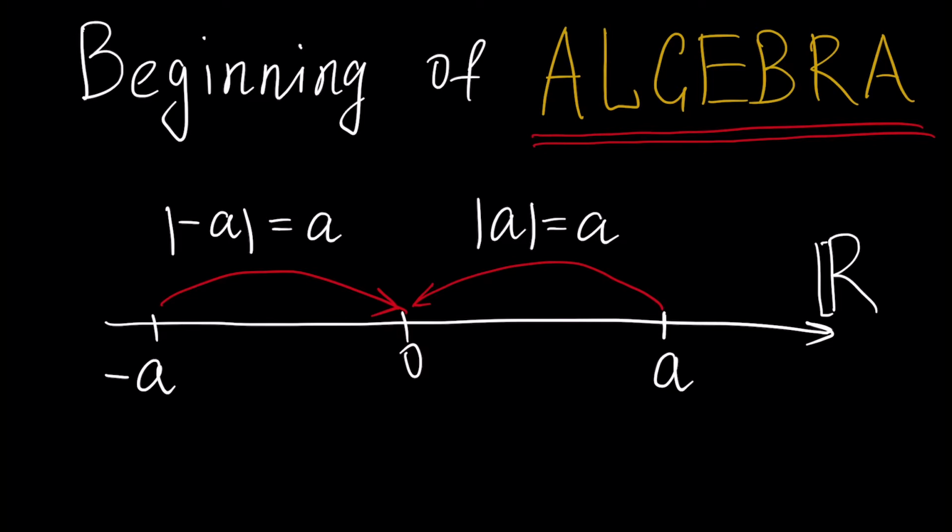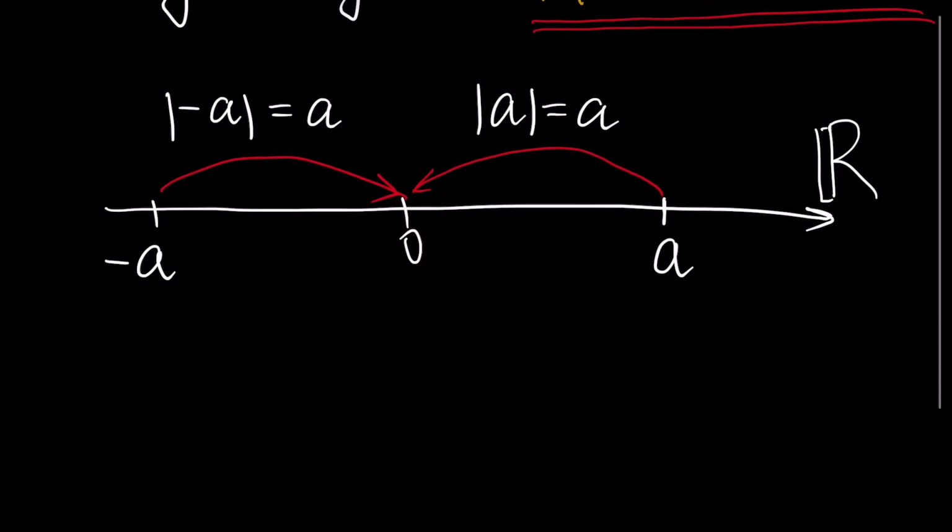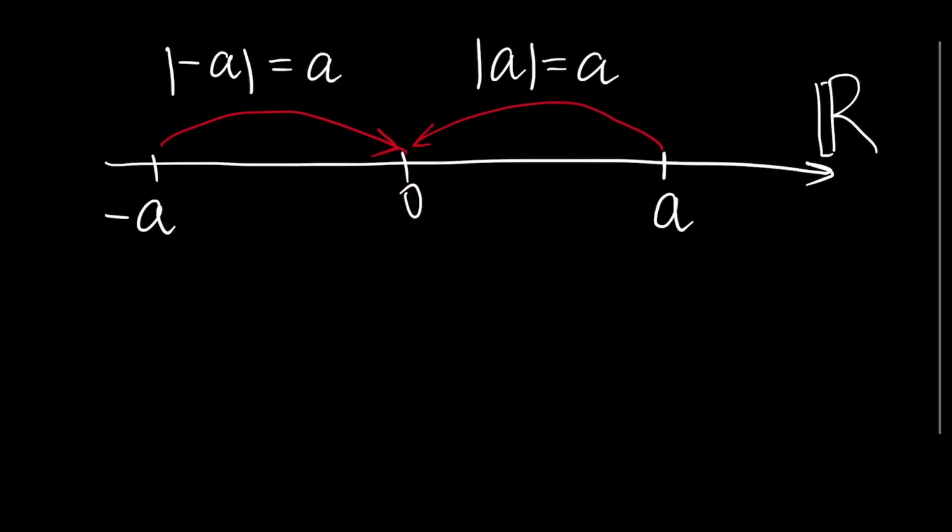Today we are going to learn about the absolute value of any real number. As you see from this picture, assume we have any number A, which is a real number.